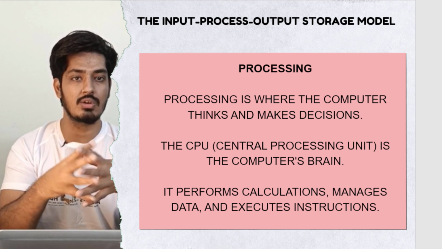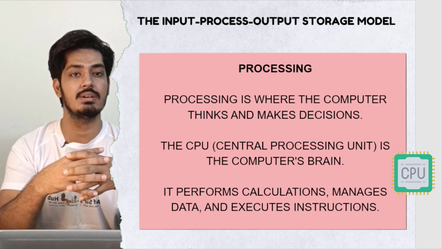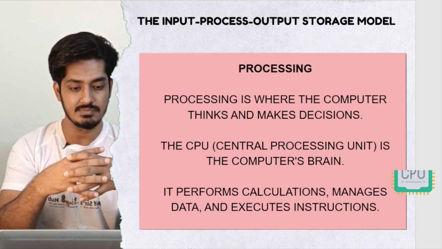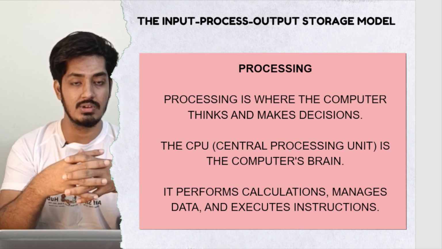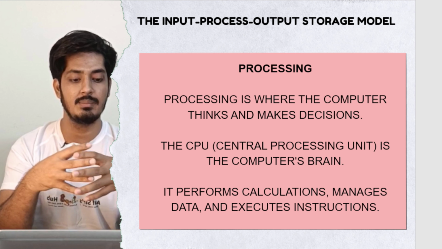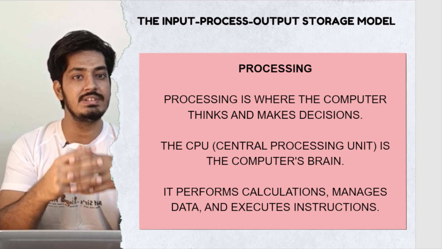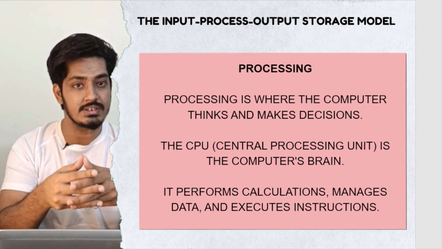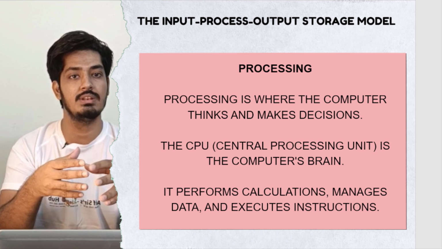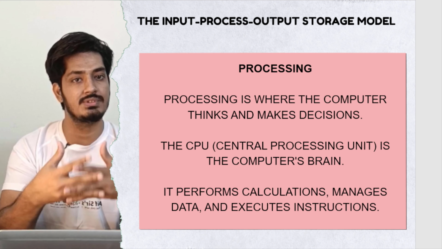That's why we call the central processing unit the brain of the computer. It performs calculations, manages data and executes instructions. From the input, it receives the instructions and the data, then it processes them and executes the instructions.